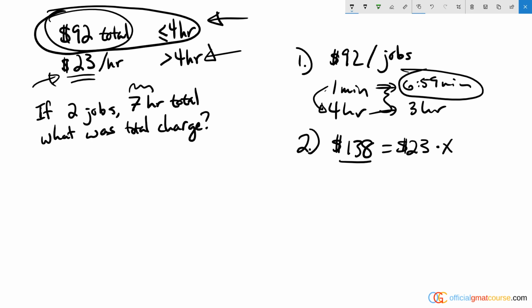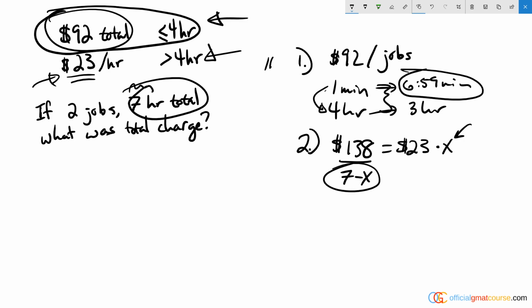And if we know how much X is, which we can definitely solve here, then we'll know what 7 minus X is, which is how much time he'd have left over after that job was done. And we could then use that information to figure out how many hours the second job was and calculate how much he charged for that second job.